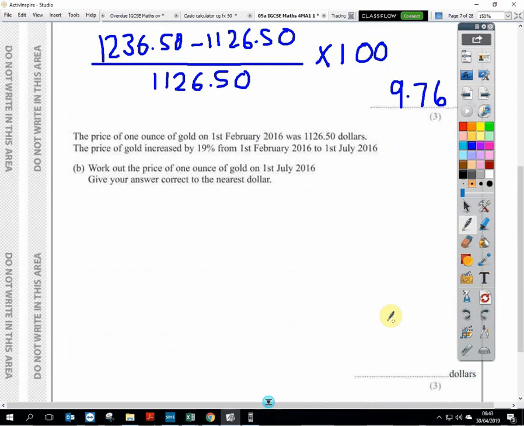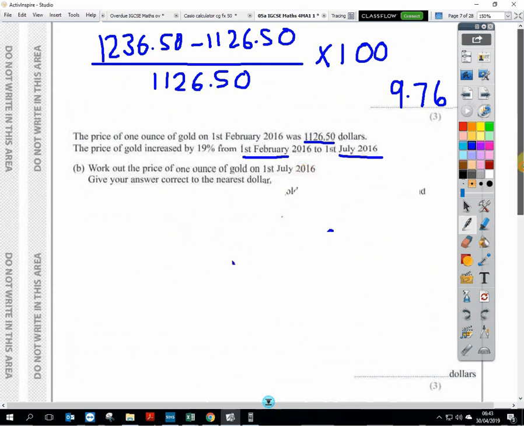Next question. The price of 1 ounce of gold on the 1st February 2016 was 1,126.50. And it increased by 19% from the 1st of Feb to the 1st of July. Work out the price of 1 ounce of gold on the 1st of July. So you are increasing it.